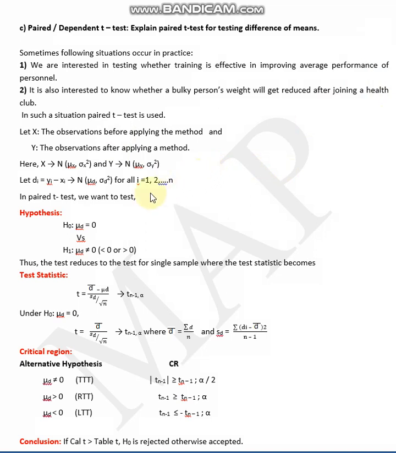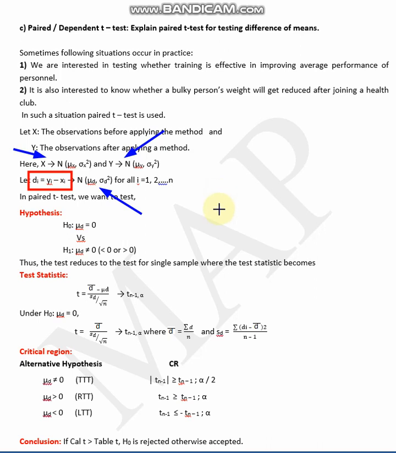Normally we take this difference as yi minus xi, where y is the observations after applying the method and x is the observations before applying the method. Denote this difference by di. Since x and y both follow a normal distribution, d also follows a normal distribution with mean mu d and variance sigma square d.